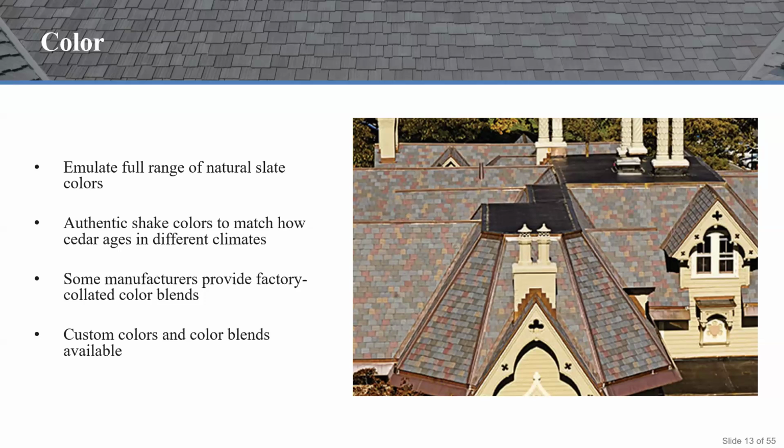But that opens up an area where you can have one person sorting at a different rate, another person sorting in another, potentially creating patterns. If you specify a composite where they factory collate their blends, contractors are just pulling the material out of the bundle and installing it and not thinking about color.